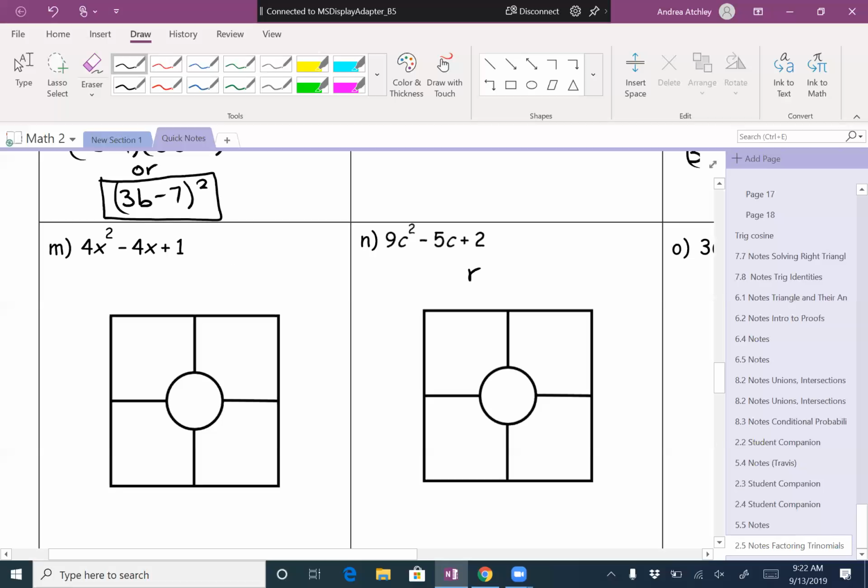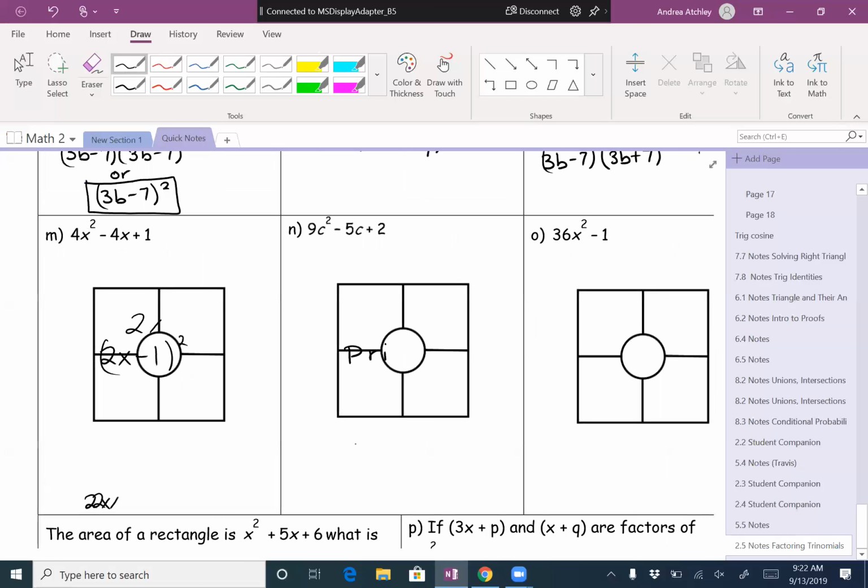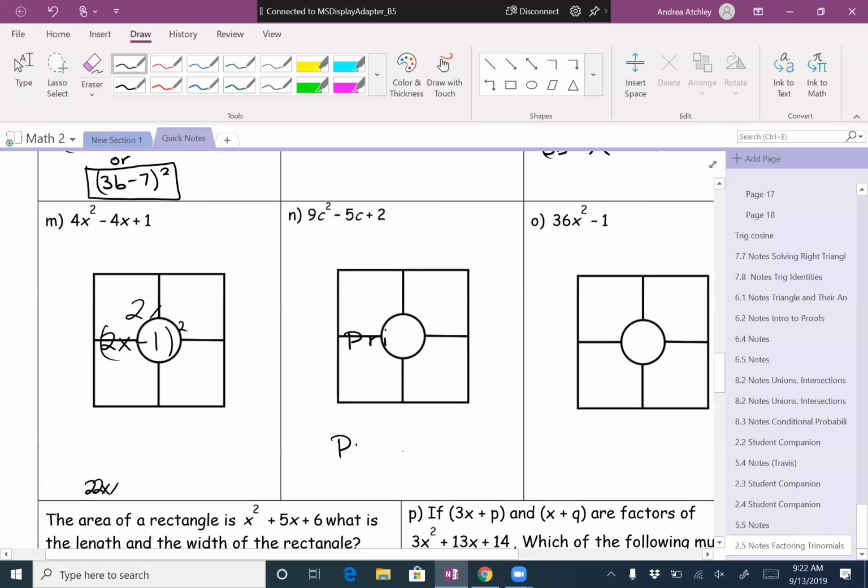Write down prime, because nothing multiplies to the 9c squared minus 5c plus 2. And this is 2x minus 1, the whole thing squared. Any questions over that?